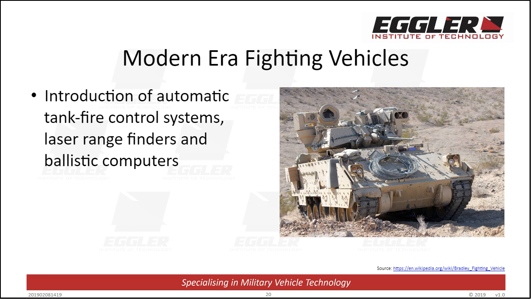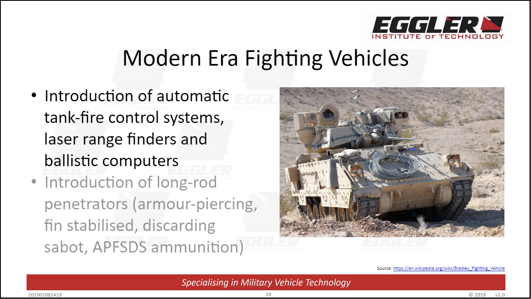These greatly enhanced the first hit probability of tank gun systems. And finally, there was the design, development and introduction of long rod penetrators, which proved to be very effective in killing tanks and other fighting vehicles with high levels of armor protection. These long rod penetrators used a nature of ammunition known as APFSDS, which stands for armor piercing, fin stabilized, discarding sabot.